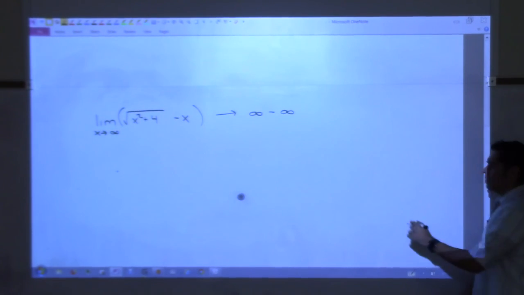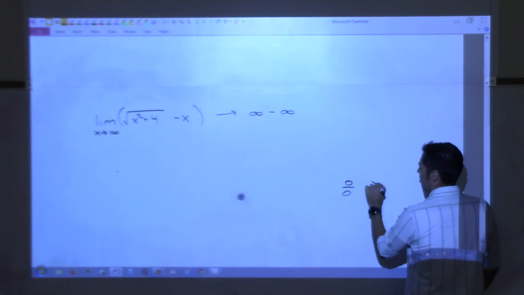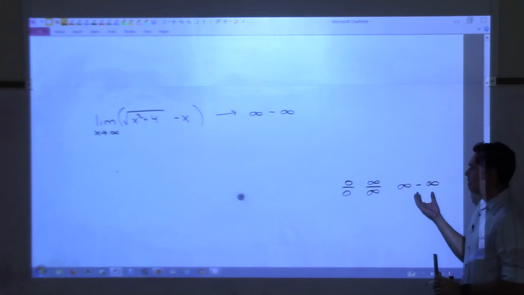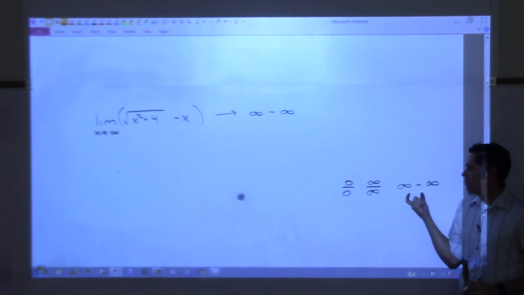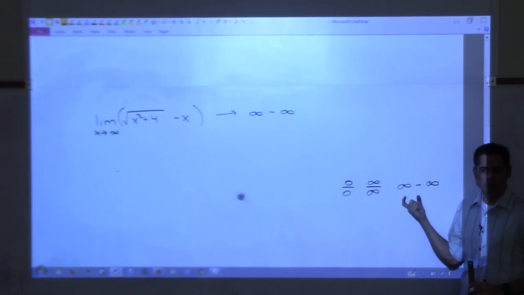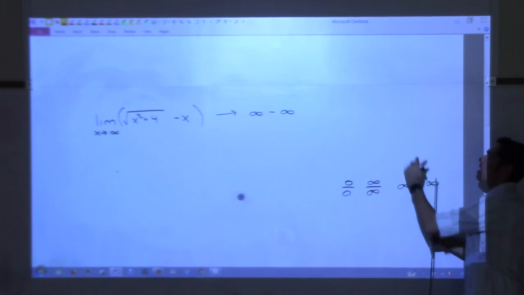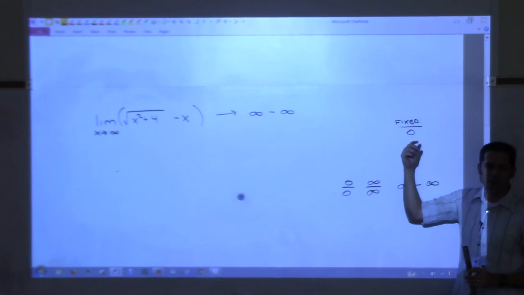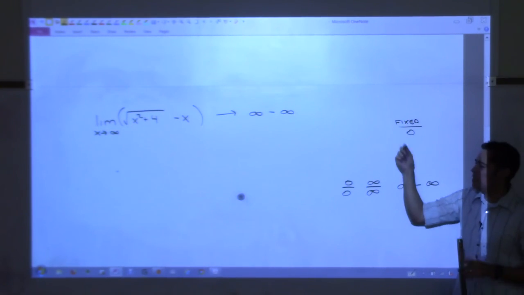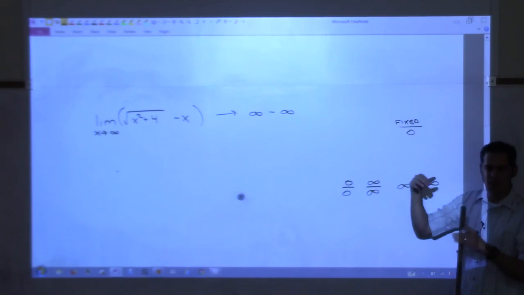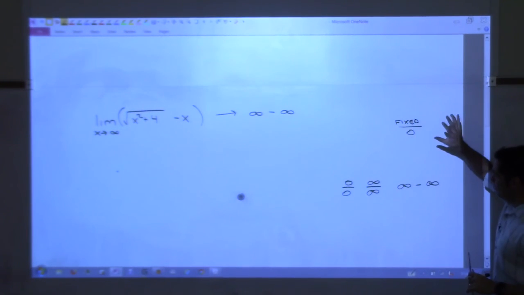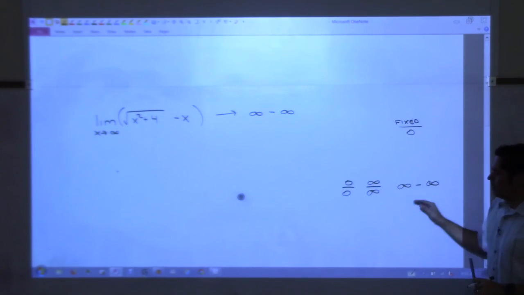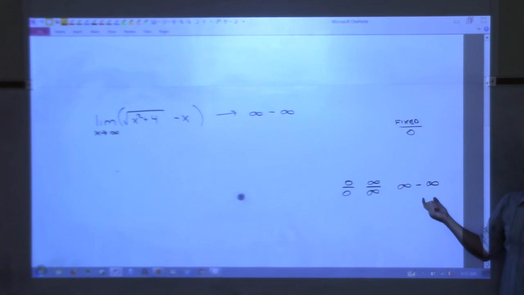Right now we have these three main types of limits that require some algebra or some work. Now we also have this one, but with this one, we know it's either infinity, negative infinity, or doesn't exist. And that's where we use a number line and test and see what happens. The way we go about that is different than these. In all three of these cases, we have to do something.